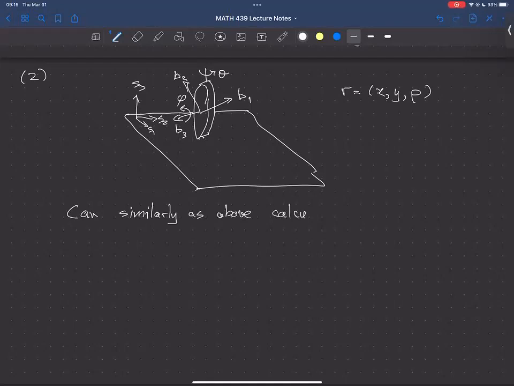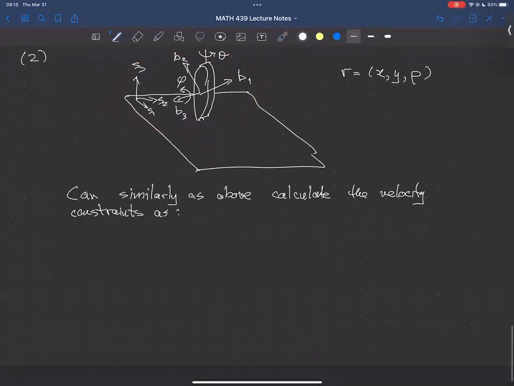So we can similarly, as above, calculate the velocity constraints. If you think about it for a second, you can deduce this just from looking at the diagram and squinting your eyes.